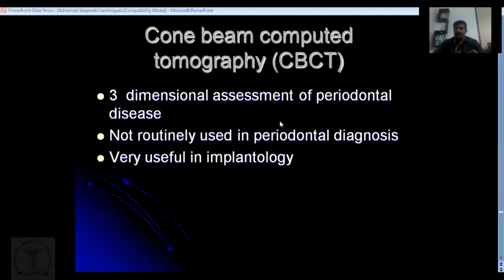We have discussed the advanced clinical diagnostic aids, and then the advanced radiographic diagnostic aids. Now, two aspects of advanced diagnostic aids are still left: advances in microbiologic diagnosis, and advances in characterizing the host response. These two we'll do in a separate session.